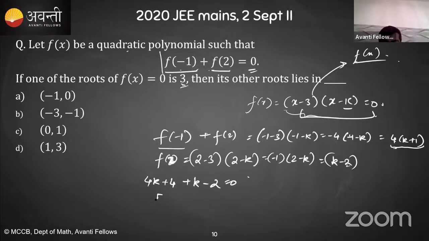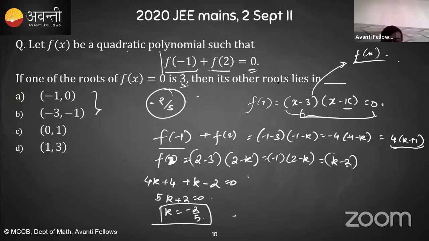Then here we will get 5k plus 2 is 0. The k value comes out to be minus 2 upon 5. So the other root of this quadratic equation is minus 2 by 5, right? So which is the interval where minus 2 by 5 is lying? So the answer is option A. Okay. I hope this was clear to all of you. Let's move ahead.